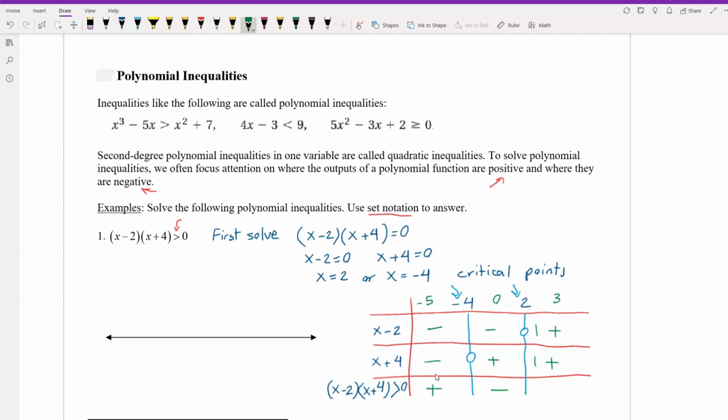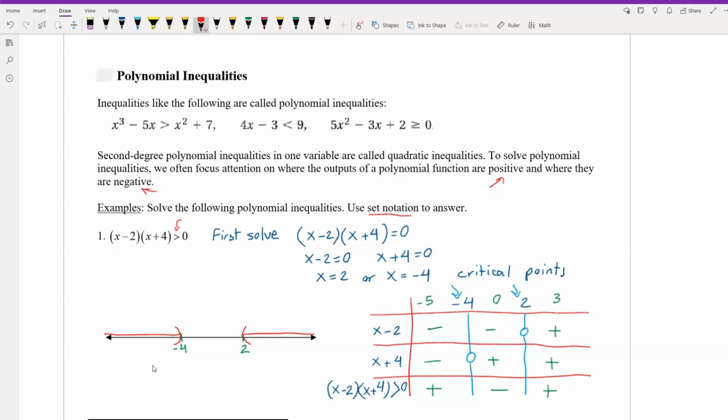And positive times positive, that is positive. And our answer here should be positive. So our answer is this part and this part. So x less than negative 4 or x greater than 2, that is what we have to use in the solution set.